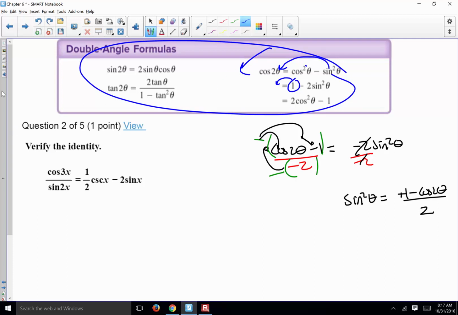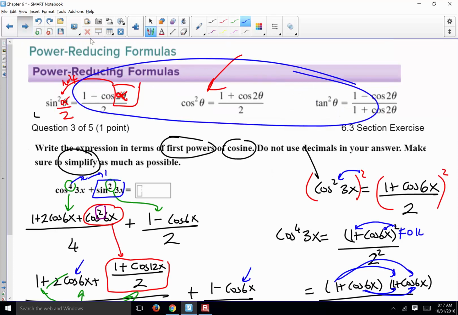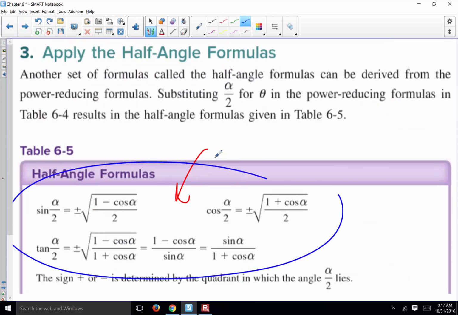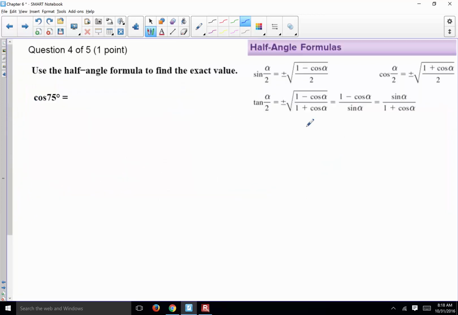So double angle formulas change into power reducing formulas, and power reducing formulas change into half angle formulas, but they're all the same to me. Okay? So you can get any one of these whenever you need to, as long as you know one of them, like double angle formulas. So in the next couple questions, keep half angle formulas on the side to compute each problem.